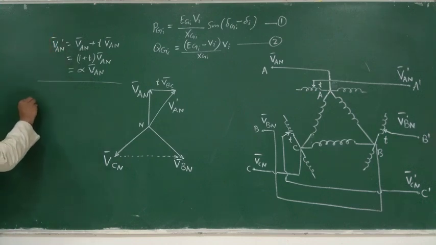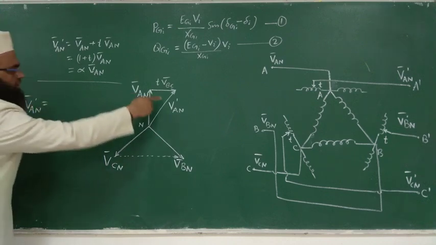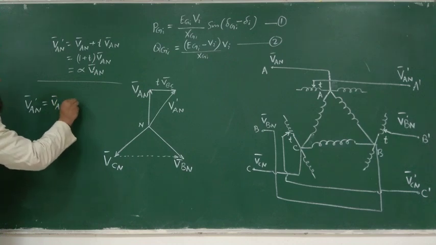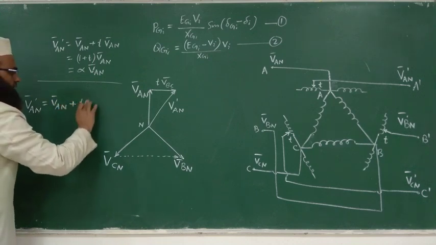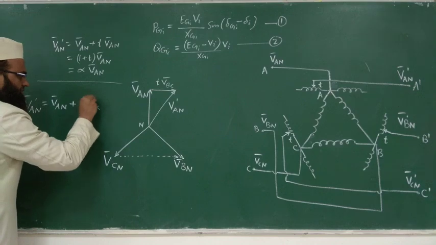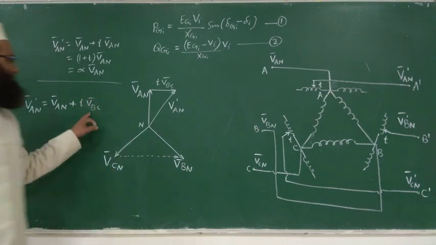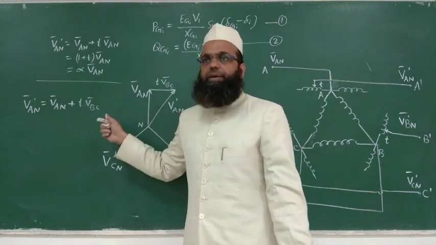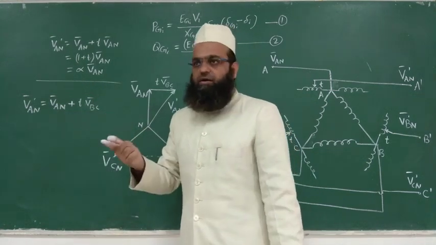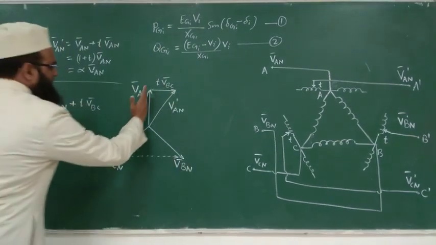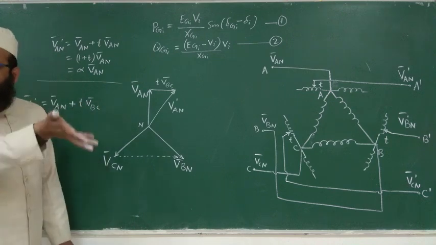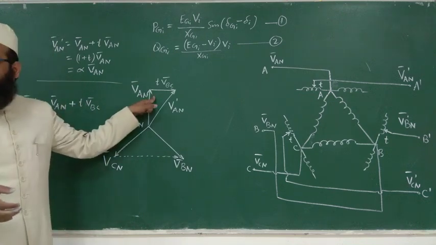So for this case, we may write VAN dash will be equal to this VAN phasor plus T VBC. What is the magnitude of VBC? Root 3 times that of this. The magnitude of the line RMS value will be root 3 times that of the phase. You know that. Okay. So taking this as reference, you have to write this phasor clockwise, but 90 degrees apart.